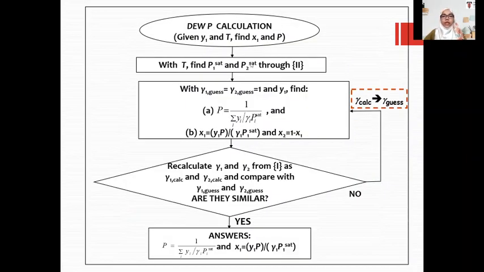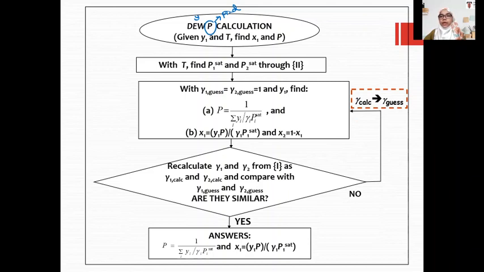How about if related to the dew P? Dew P, that means the composition in vapor is given, and you need to find the value of pressure. Okay, so first, since we know that the value of gamma is based on the given pressure, we can obtain this value from the data.